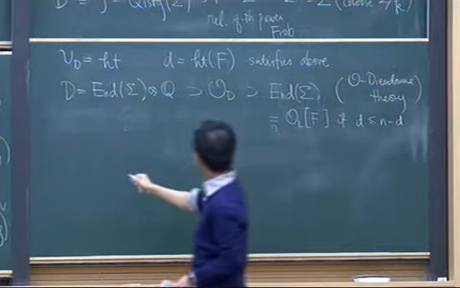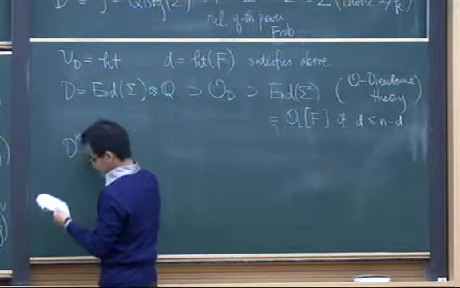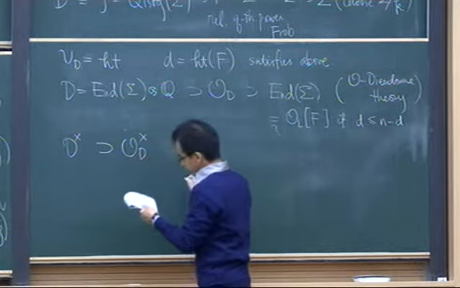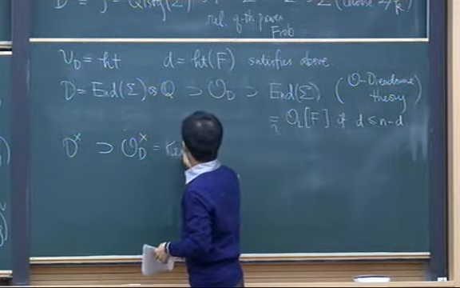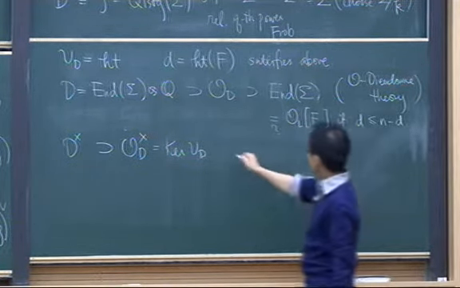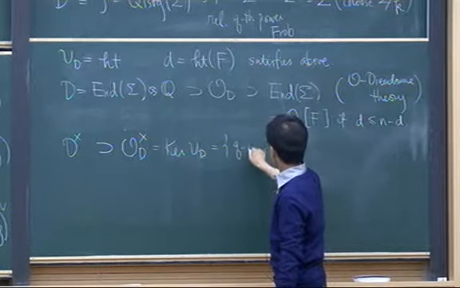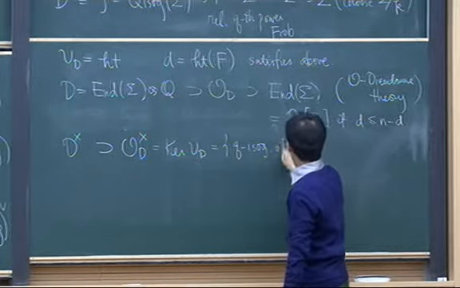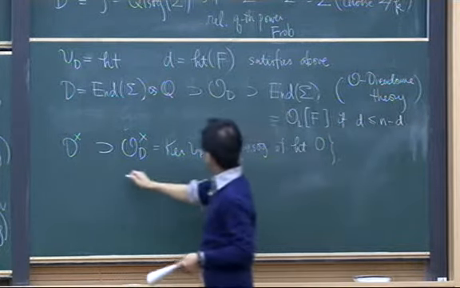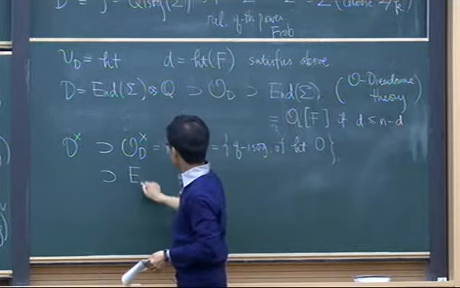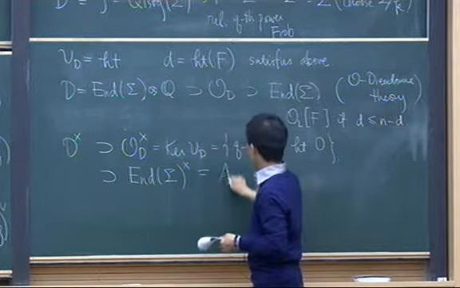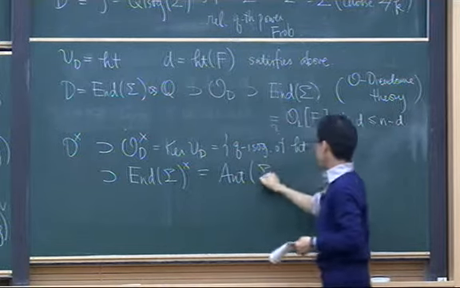Okay. And D cross has O_D cross in it. So that was the kernel of V_D, and that's a group of quasi-isogenies of height 0.